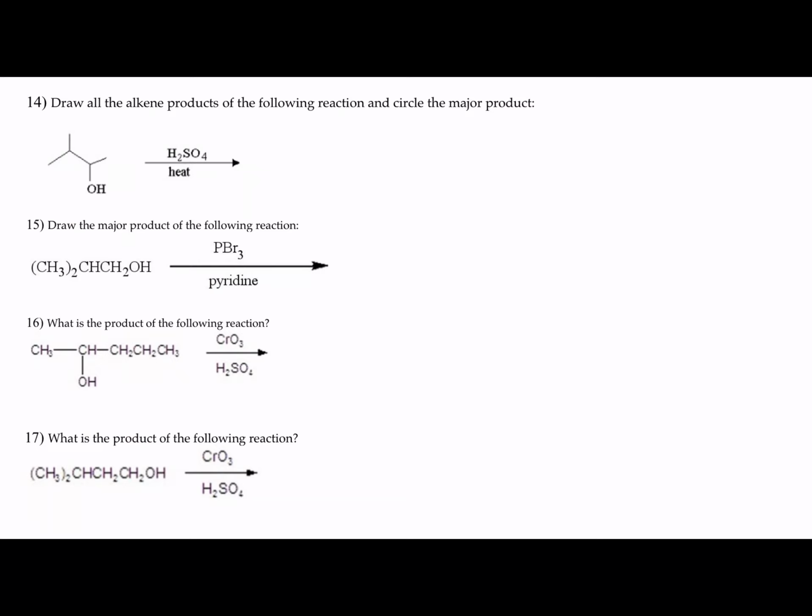And then the next one, draw the alkene products of the following reaction and circle the major product. Now this is similar to a question that we did earlier. So we have to use dehydration here because you are getting an alkene. It is an elimination. So what are the possible products?